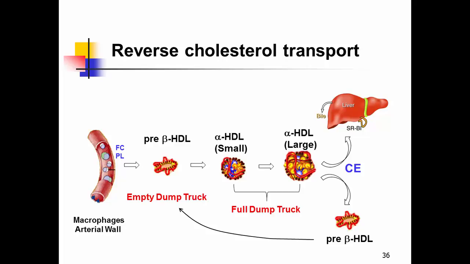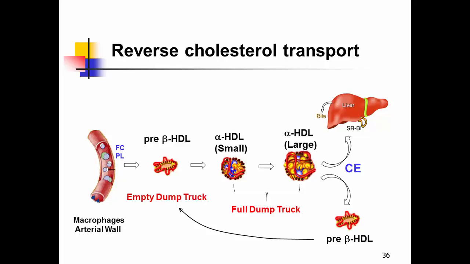Once the cholesterol is released and picked up by the liver, alpha HDL is converted back to beta HDL because a lot of the cholesterol esters have been released. Then beta HDL goes back to the peripheral tissue, picks up cholesterol again, and goes into the second cycle.